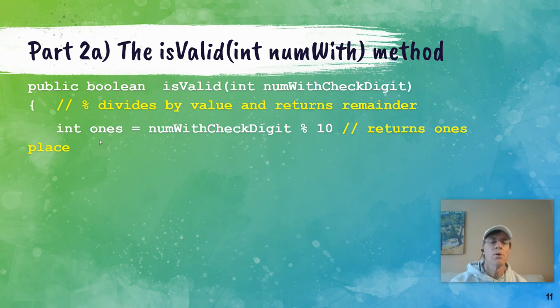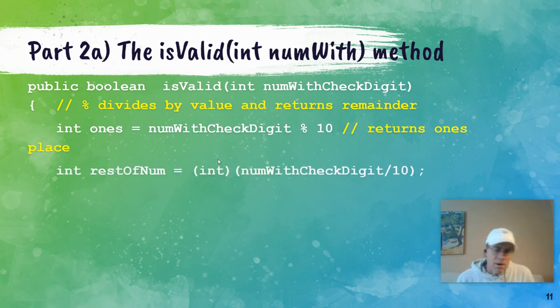So I've now extracted the ones place and stored that in a temp variable. Just made up another variable, just another temp, rest of num. I want to get all of the numbers starting with the tens place and going up. So how do I do that? Int division means that this casting is not necessary, but I think the BlueJ editor would actually give you a warning if you tried to do int division without casting.